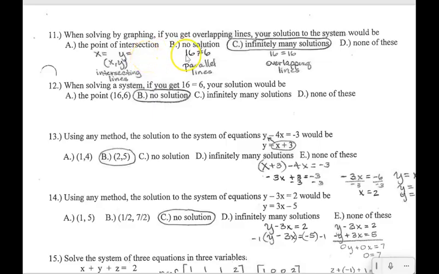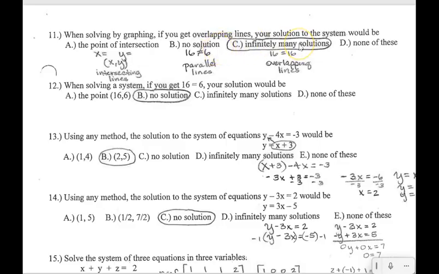If you get parallel lines, that means you have no solution, because remember, solution equals intersection. If they're parallel lines, they never intersect, so there's no solution. And that would look like, when you're solving, something like 16 equals 6, something that's not a true statement, 5 equals 0, or whatever.